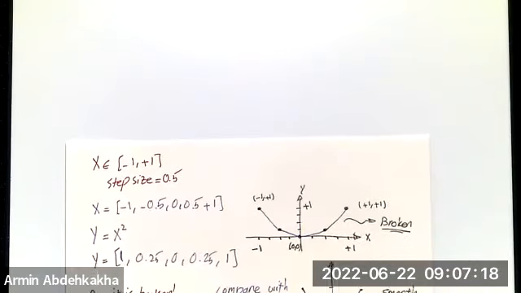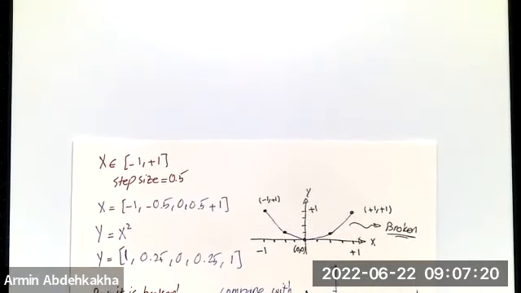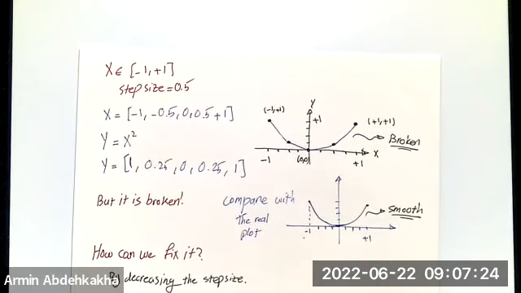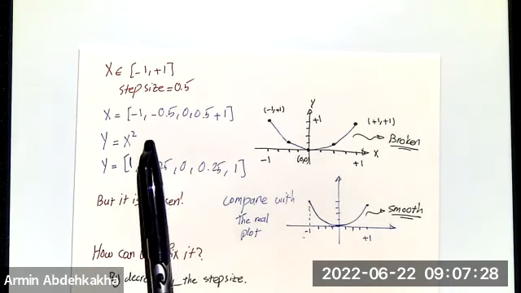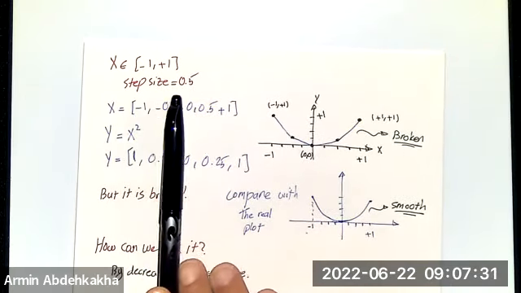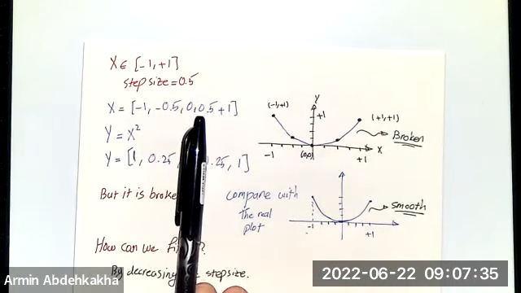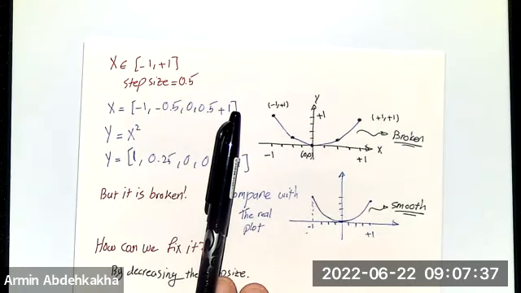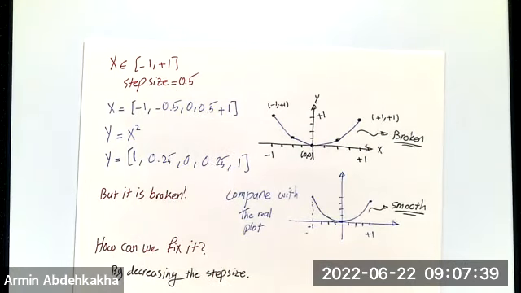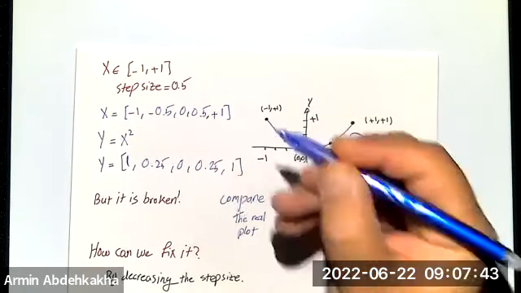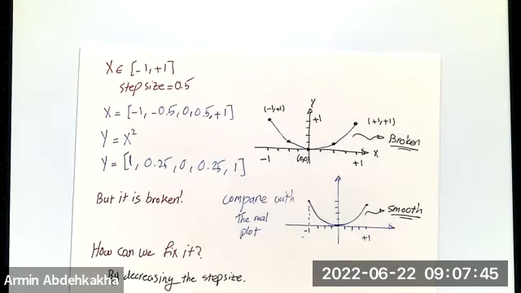So here is your plot. I plotted it here with a step size of a half. So -1, -half, 0, half, and 1 are the points. These are your points, and then this is your function.